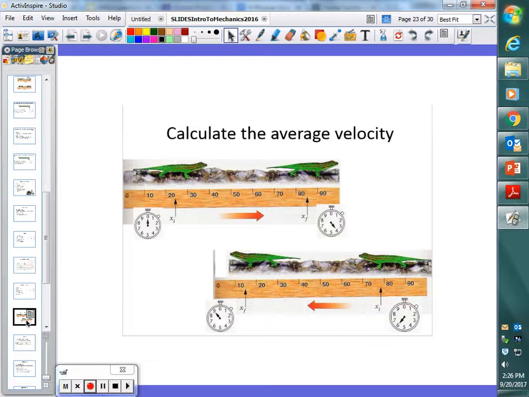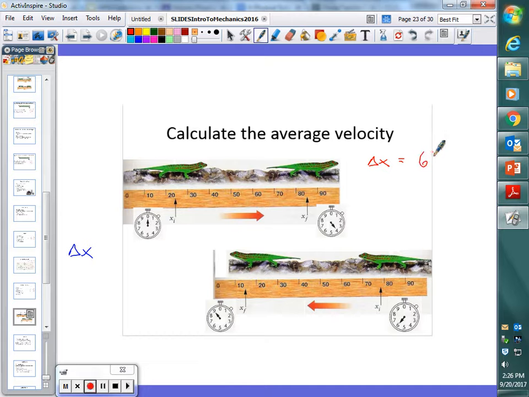Okay. All right. So on the front side of your outline, we calculated the displacement of this lizard for these two trips, yes? All right. What did we say this first displacement was? I can't remember what you guys decided. 60 centimeters, okay?